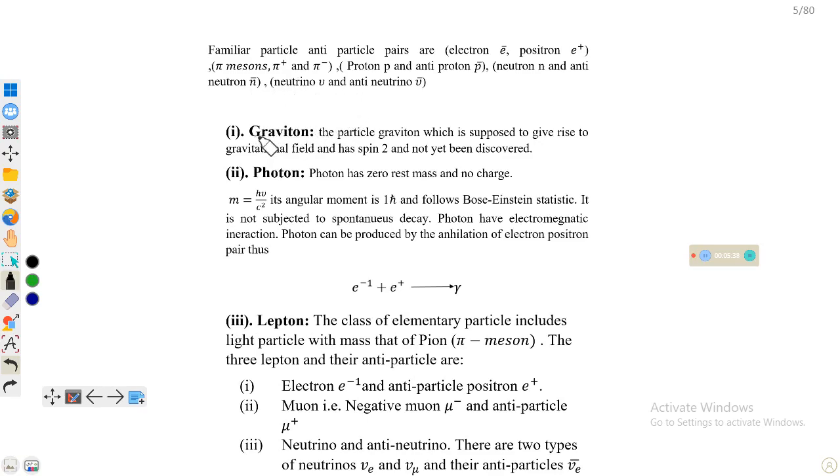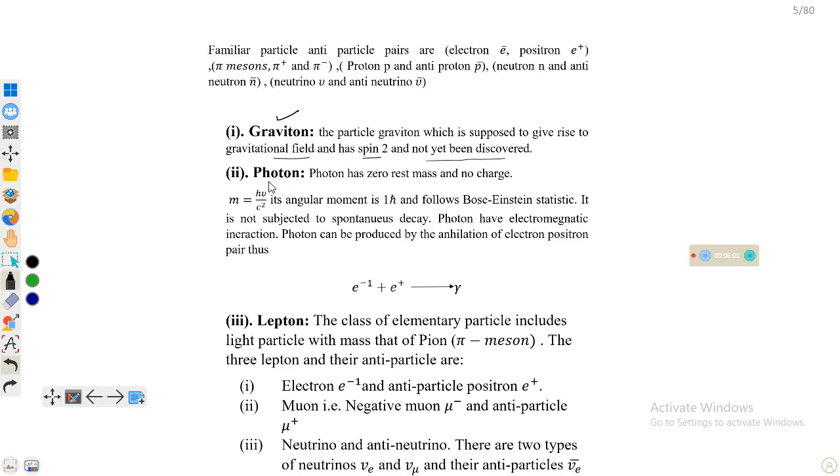The very first particle is the graviton, which is responsible for the gravitational force. The graviton is supposed to give rise to the gravitational field, but it has not yet been discovered and cannot be observed in laboratories.